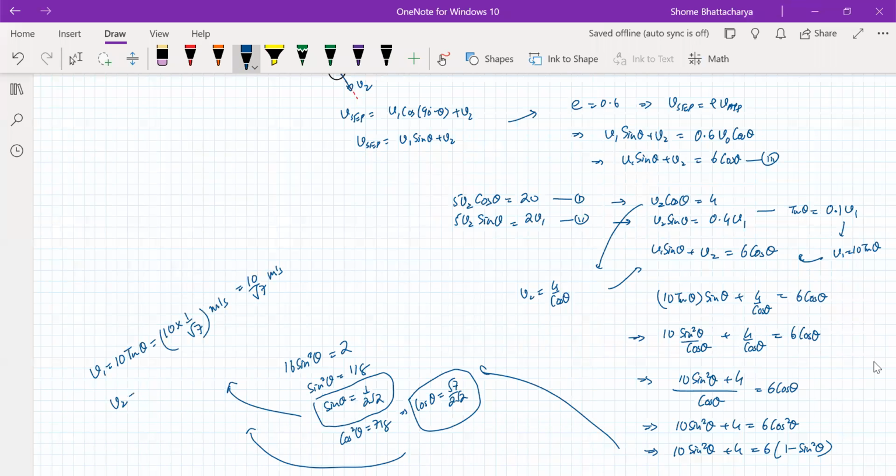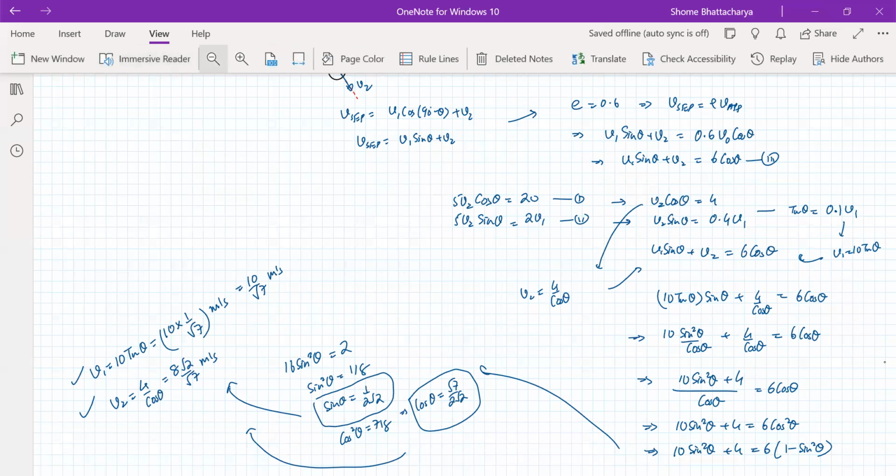And v2 is 8 root 2 by root 7. So these are the values of v1 and v2 that I am getting.